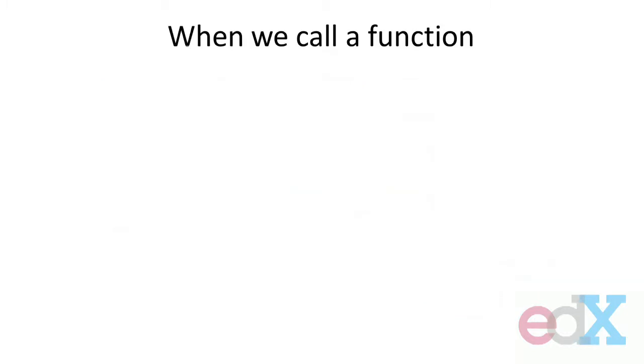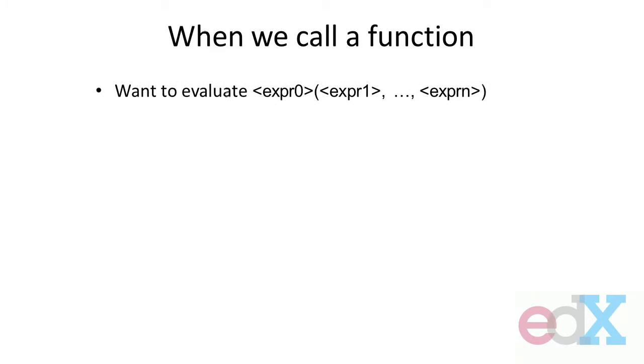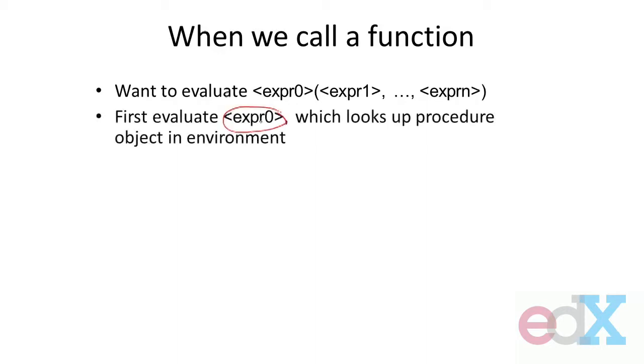Now, here's what happens when I actually call a function. If I want to evaluate some expression, followed within parentheses by some other number of expressions, which is what a function call would look like, I first evaluate this expression, which is a name, and that says I'm going to just look it up in the environment, and I will get back the value, which is that procedure object.